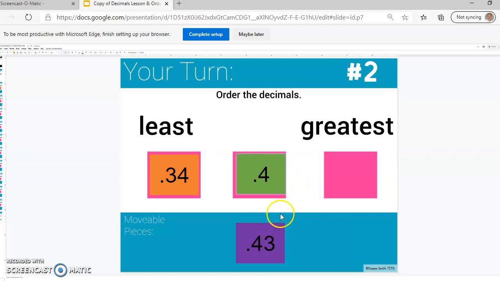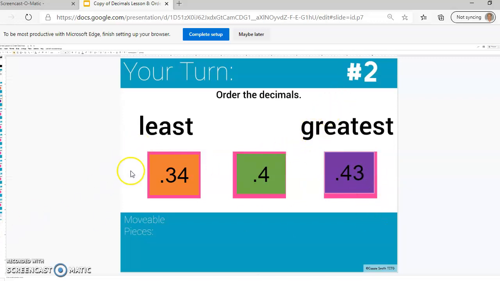Write that one. 4 tenths or 40 hundredths. And then your greatest one is this one right here. So go ahead and write these down. Pause the video here. Write 34 hundredths, 4 tenths or 40 hundredths, and 43 hundredths, least to greatest.